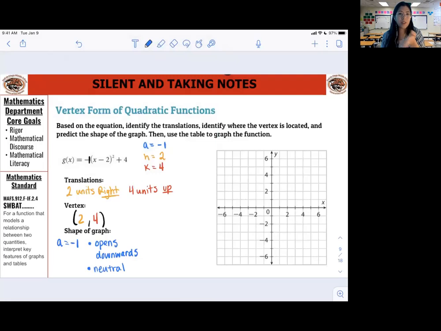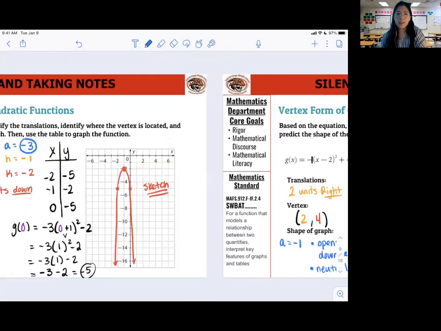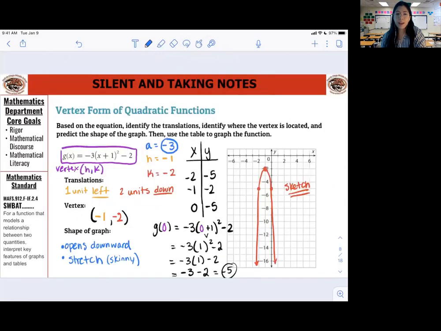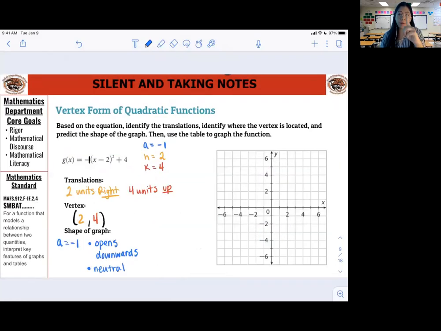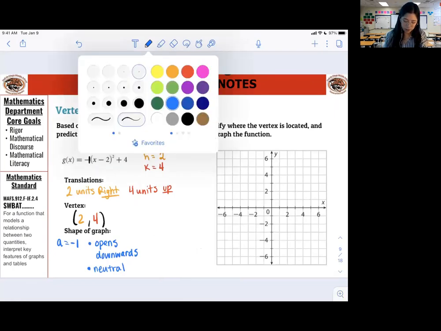Since all I have is a 1, it isn't going to do anything. It's just going to leave it nice and neutral. Does that make sense? And that goes back to what RL was asking on this problem. Since A was a negative, it was going to open downward, but because it was a -3, the actual number 3 made it stretch. Here, the number is a 1, which does nothing. That's the difference.